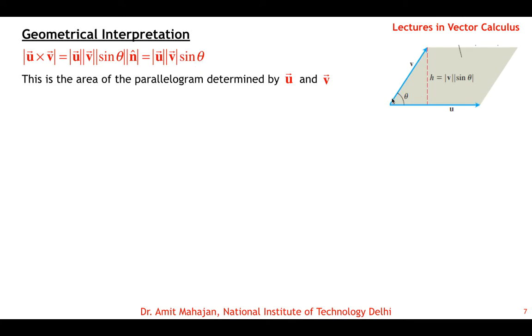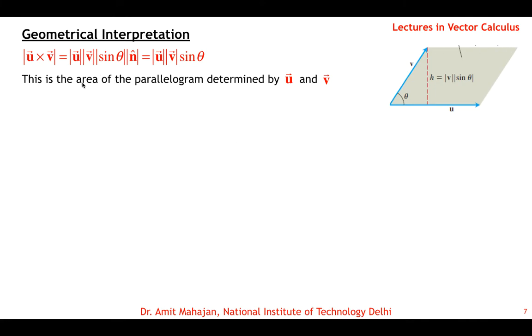If you have u vector and v vector with angle theta, you can clearly see that the height divided by the length of the hypotenuse will be sine of theta, so height is nothing but magnitude of v times sine theta, and the length of u is the base, so base into height will be the area of this parallelogram.